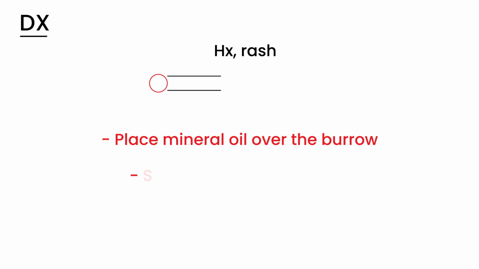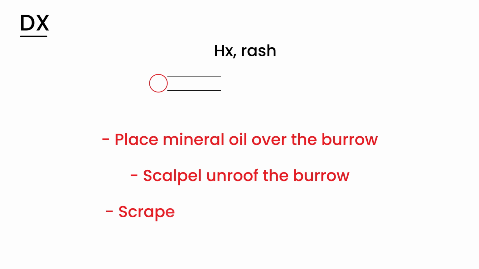Then you take a scalpel and you unroof this burrow. Then you take the scraped material that lies underneath and place it on a slide. And that will help you identify the mite under a microscope.